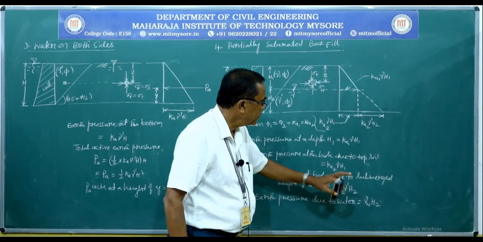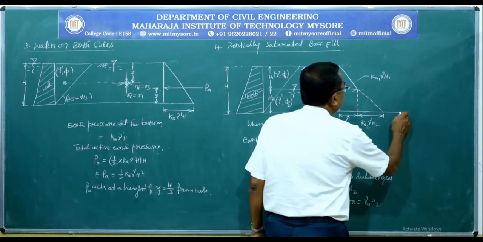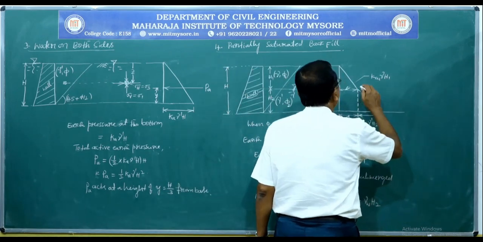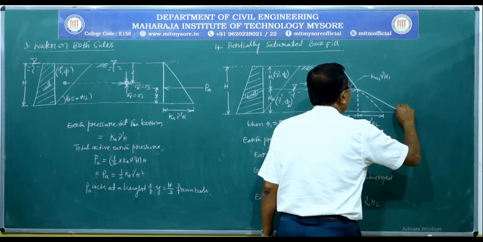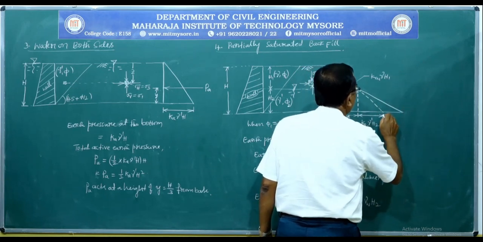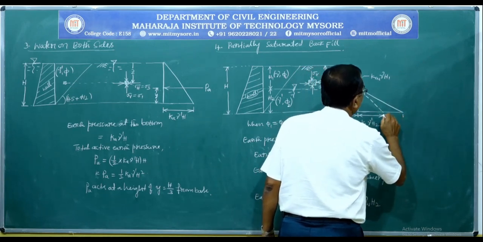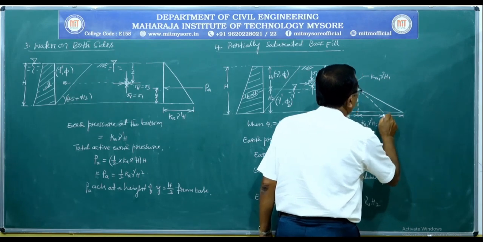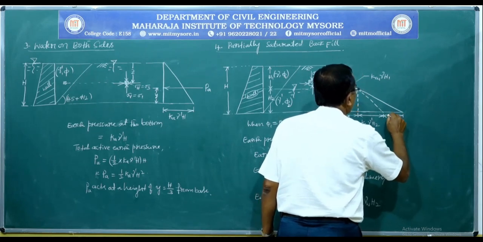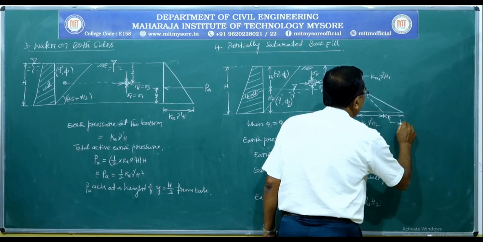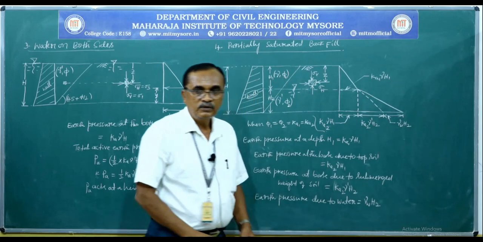Lastly, earth pressure at the base due to water is equal to gamma W into H2. So this is very important.